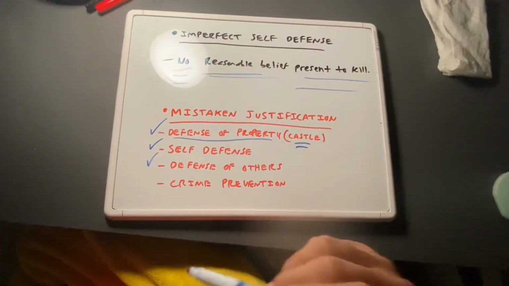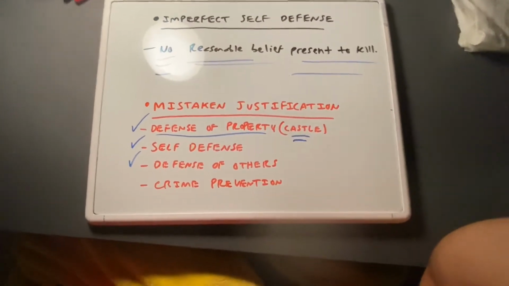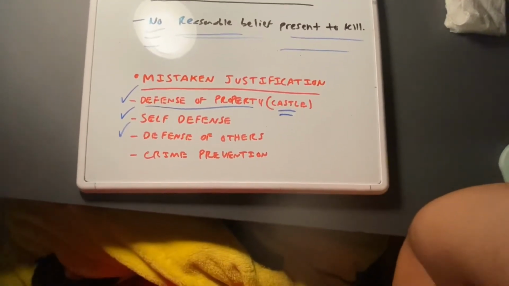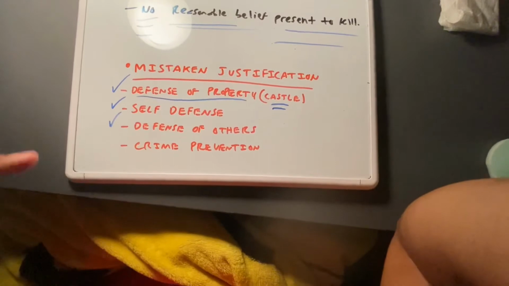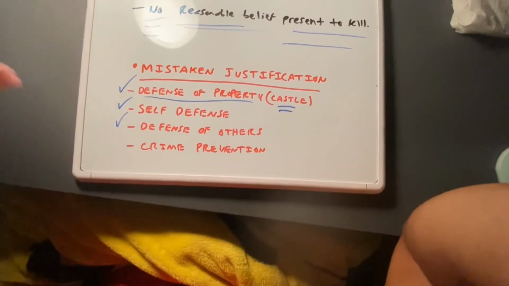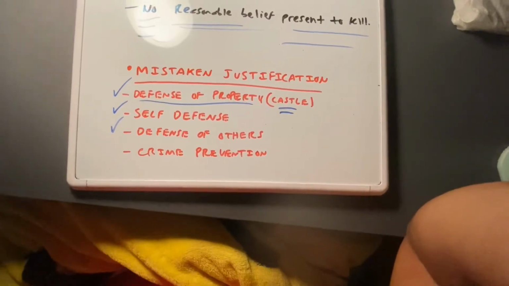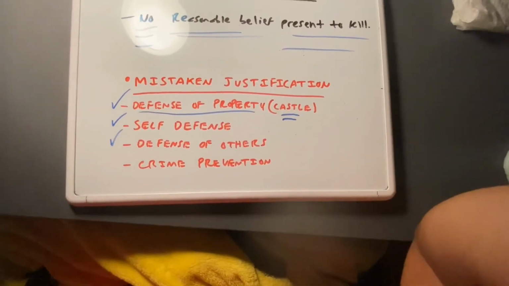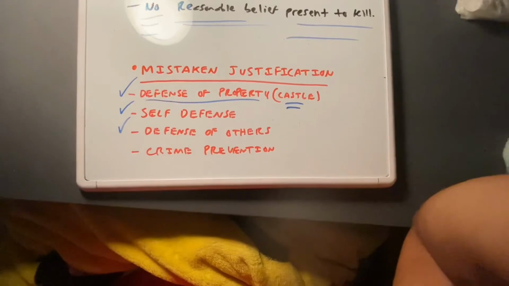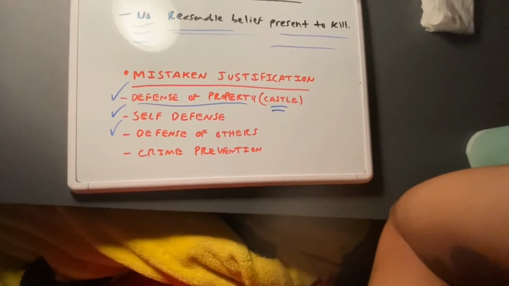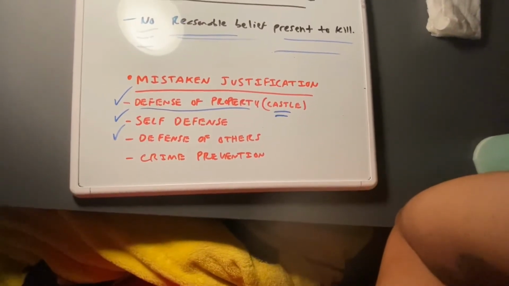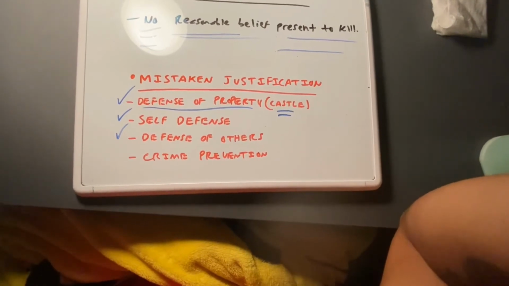Crime prevention is basically when, let's just say, a school shooter comes into an elementary school and tries to shoot up the school. That is an example of where a security guard, a professor, or another student can use that amount of force in order to kill another who is causing serious bodily harm or death to another.